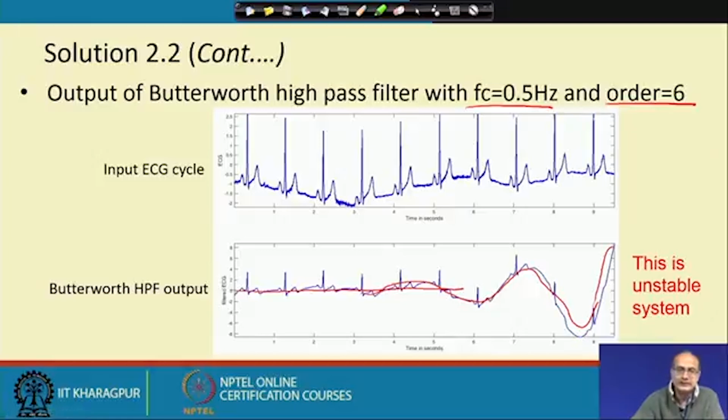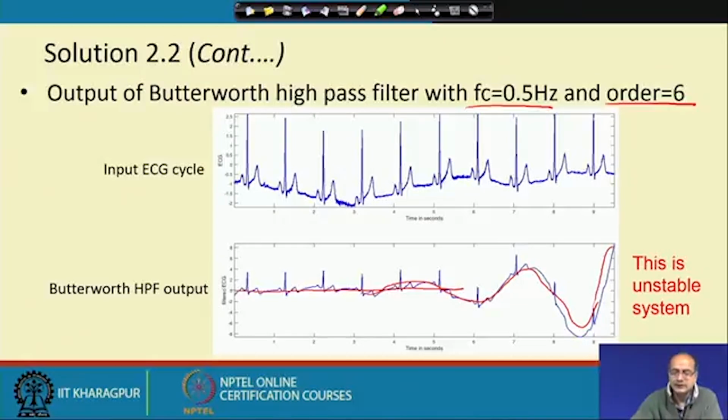What has happened in this case is that as we are using an IIR filter, one of the poles must be outside the unit circle, but the amount it is outside the unit circle is very small.